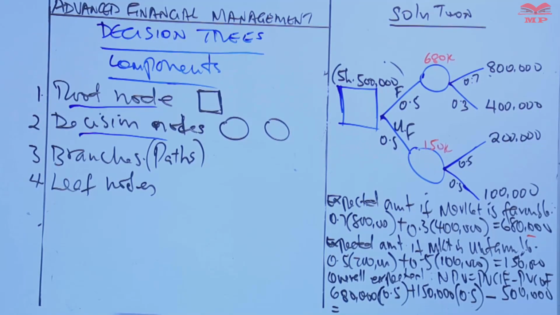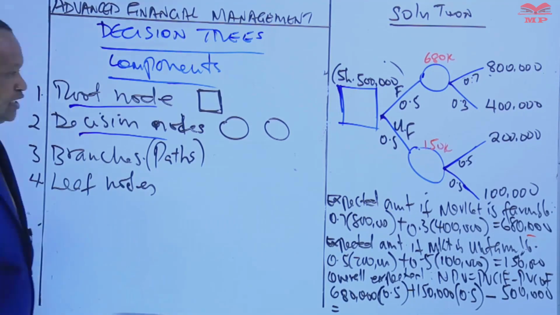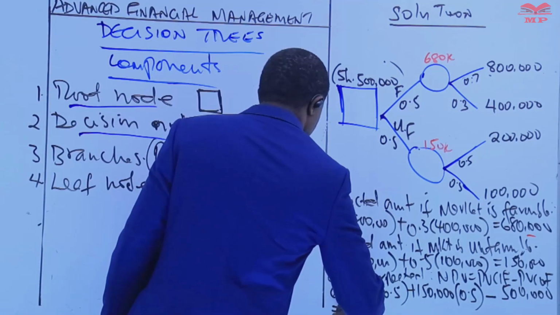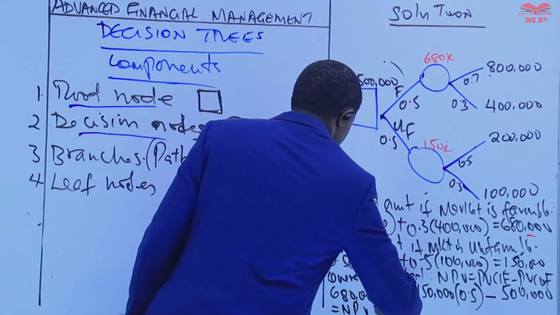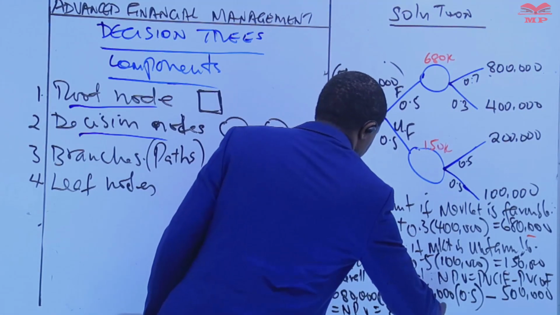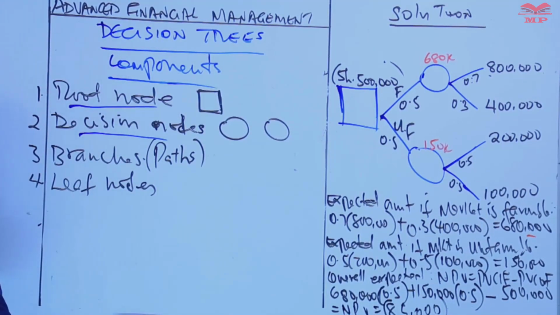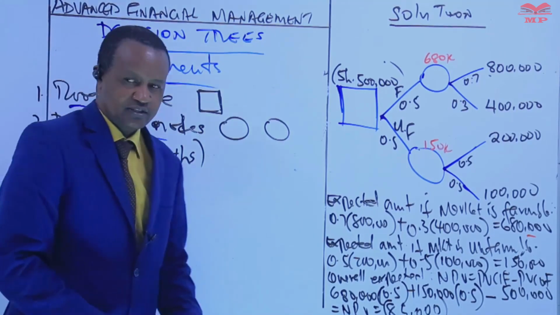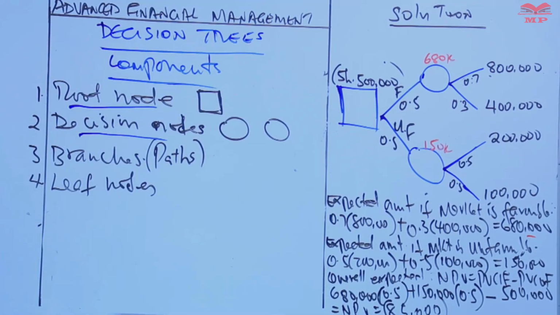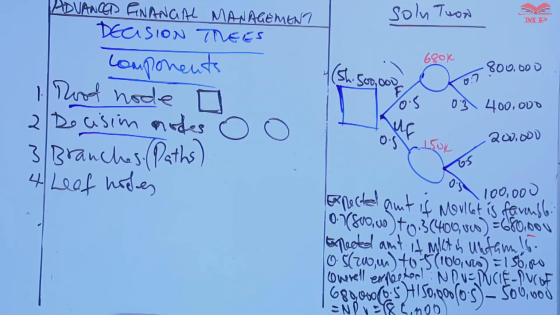85,000 negative. So the NPV is equal to negative 85,000. So what is the advice? Should the company invest? Using the decision tree, advise whether the company should invest in the new product line. Obviously, the company should not invest in the new product line.